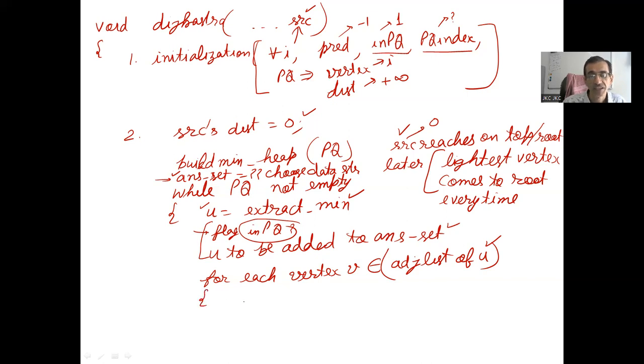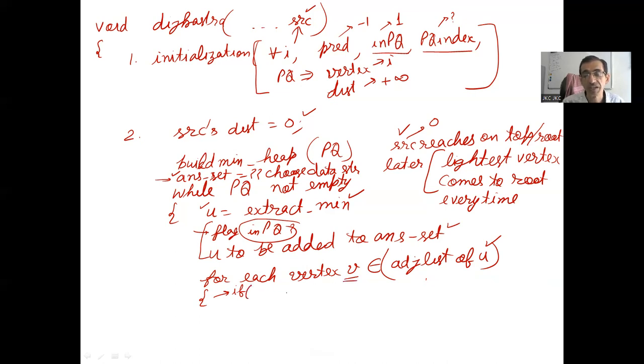And effectively, what I have to do is relax distance of V using edge UV. But when to relax? Based on some if condition. So I'll just remove this. I have to see whether this is to be done or not, and then I have to relax.